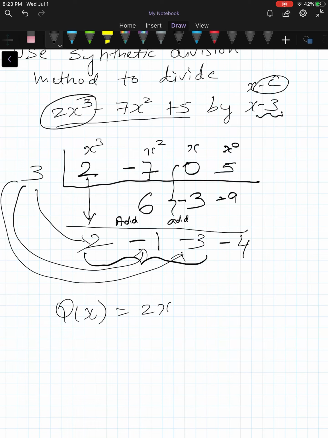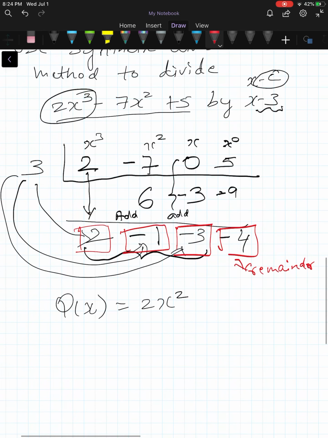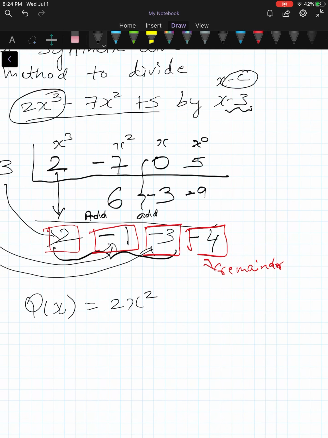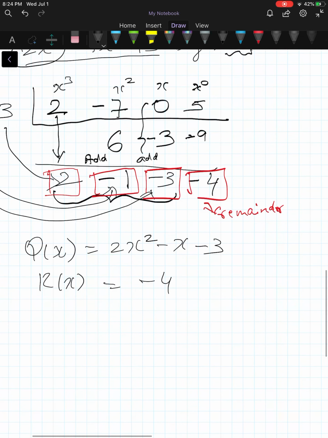Our quotient will be 2x square; this particular term is the coefficient of x square, this will be the coefficient of x, and this will be the constant, and this is nothing but the remainder. So the quotient will be 2x square minus x minus 3, and r of x is -4.